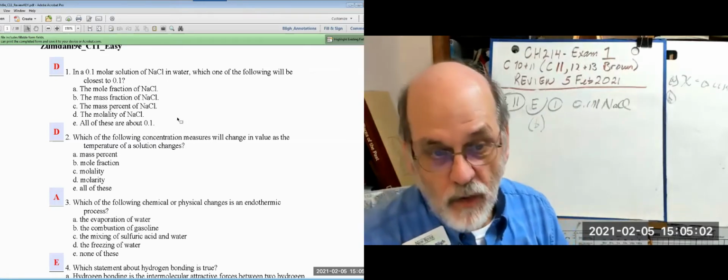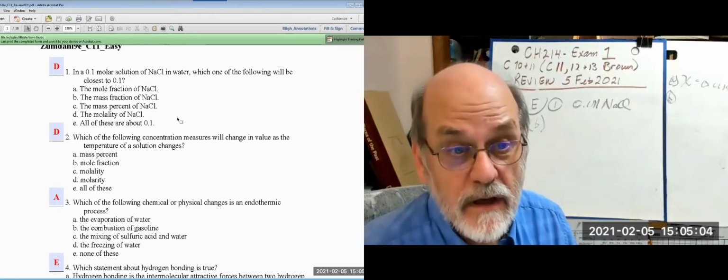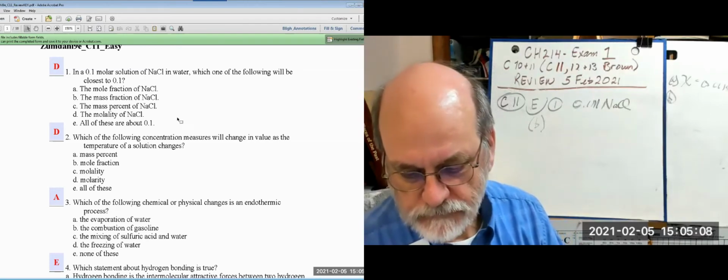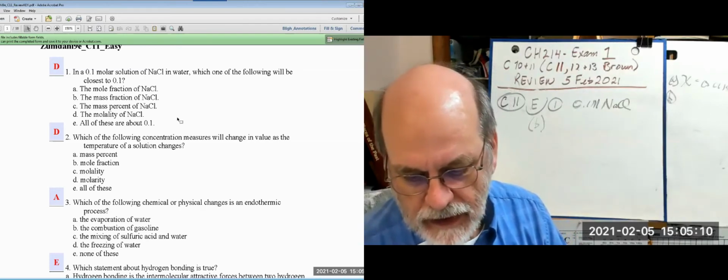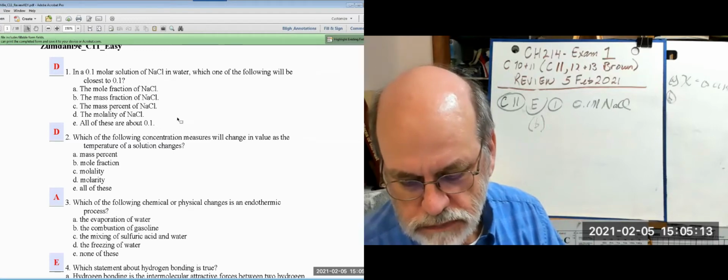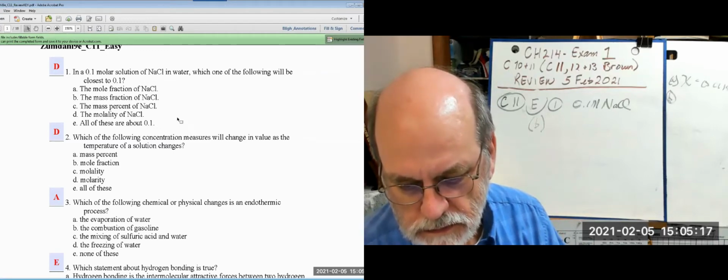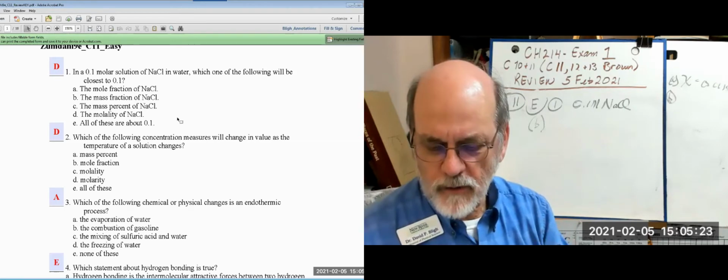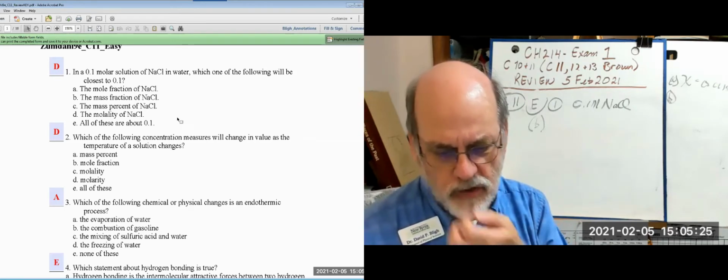All right, so B is mass fraction of sodium chloride. So that's grams of sodium chloride per grams of solution.